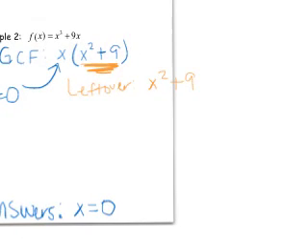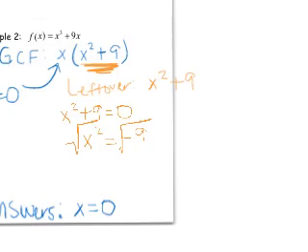But here x is already isolated. I could simply say x squared plus 9 equals 0, because that would give me more answers. If I subtract 9 and take the square root of both sides, what happens when you create a square root that was not originally there?